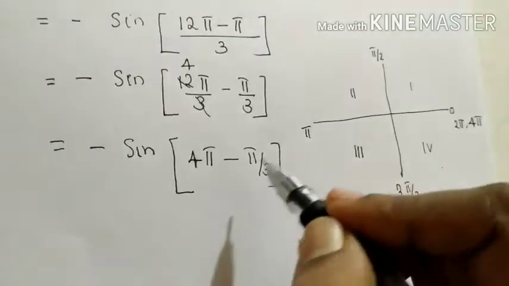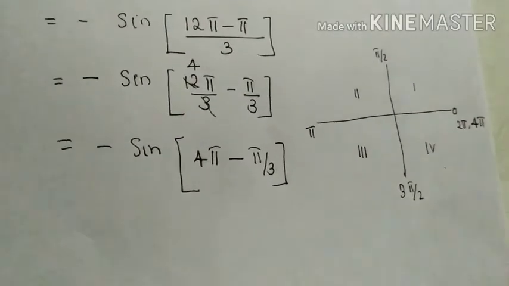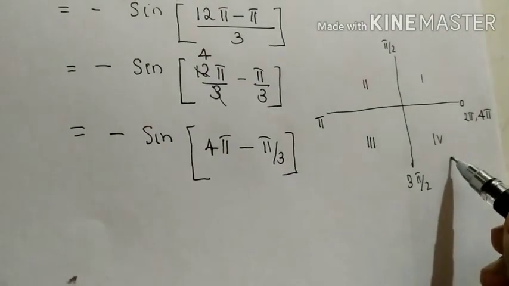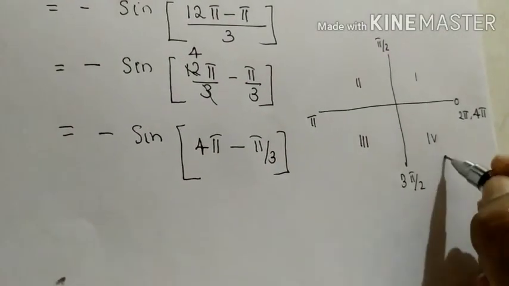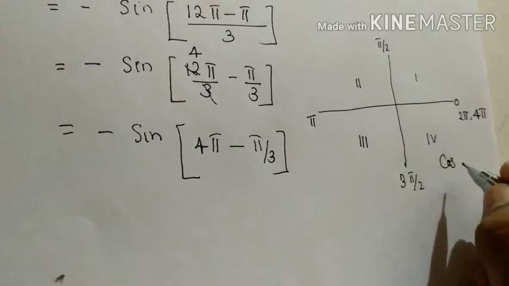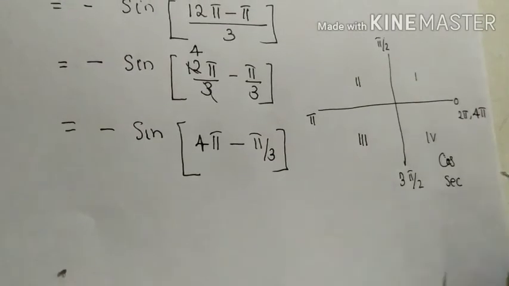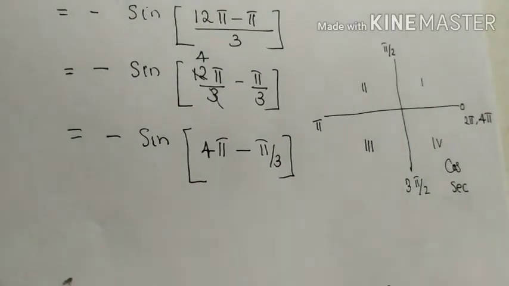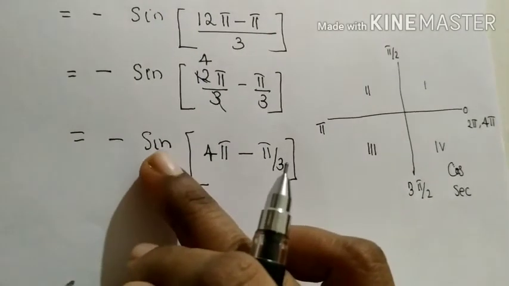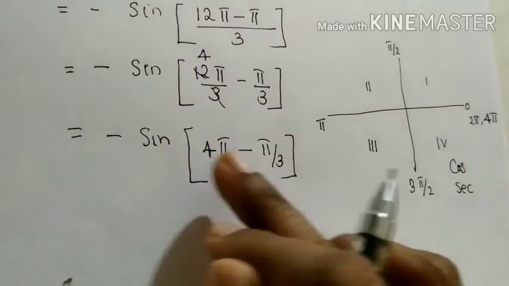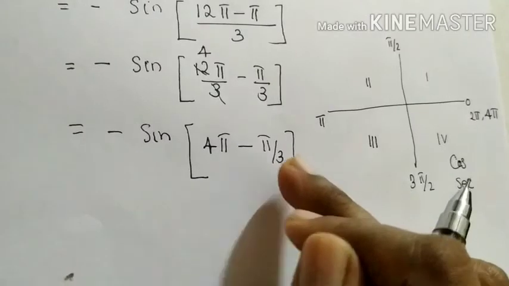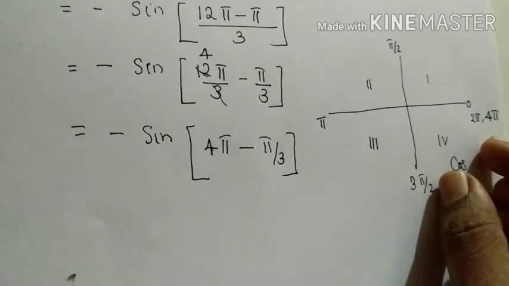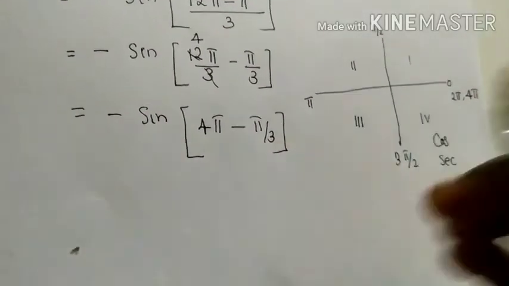In the fourth quadrant, only cos and the reciprocal of cos, which is sec, are positive. Here we need to find the value of sine of 4 pi minus pi by 3, so the value of sine is negative in the fourth quadrant.